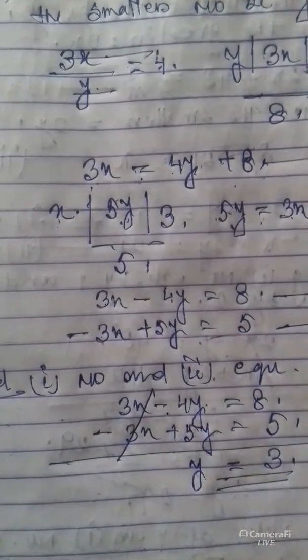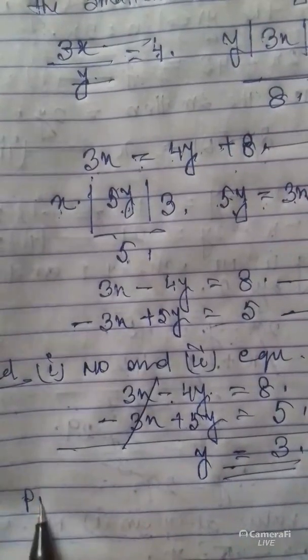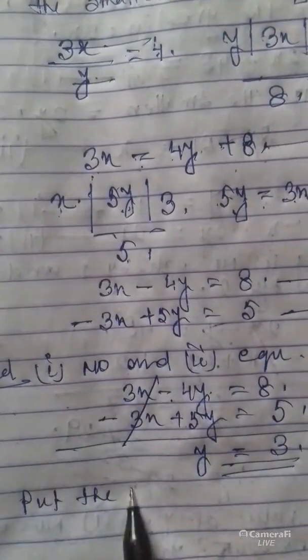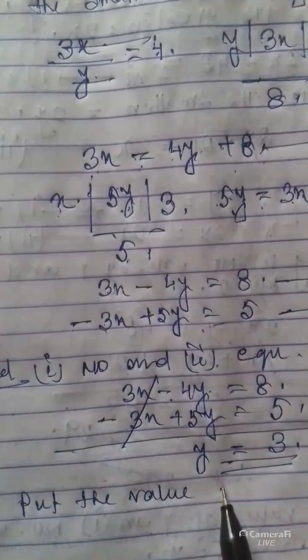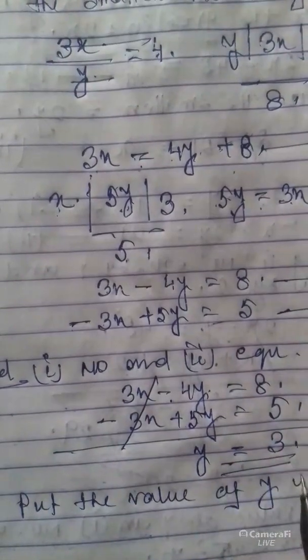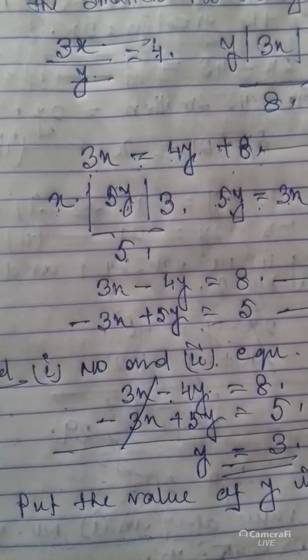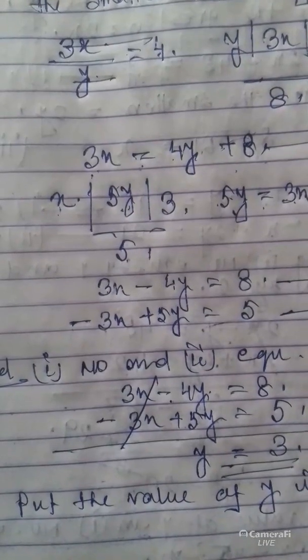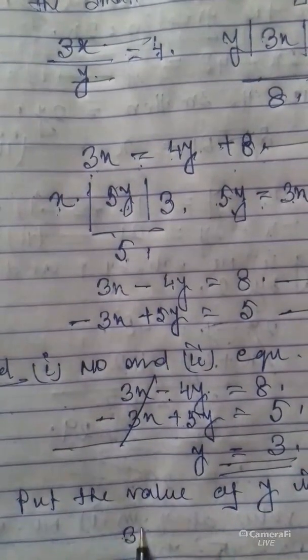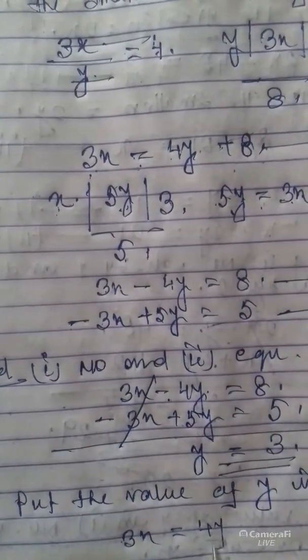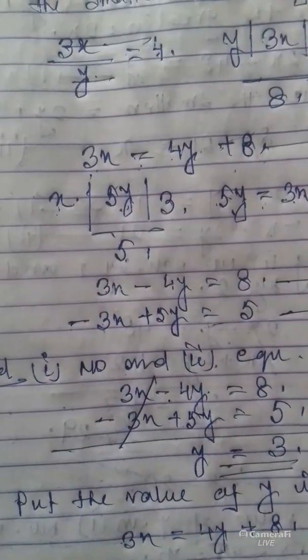Y equal to 13. Put the value of y in one number equation. Our one number equation is 3x equal to 4y plus 8.